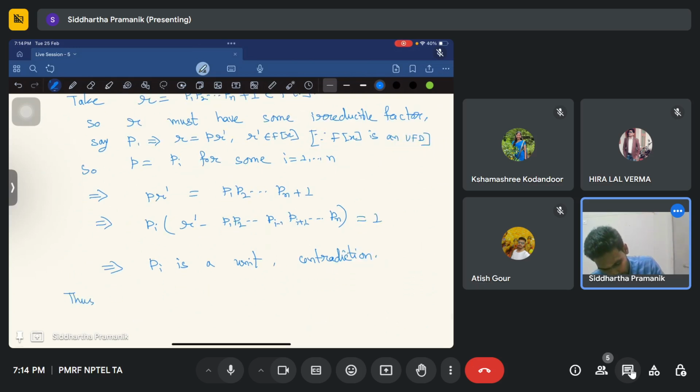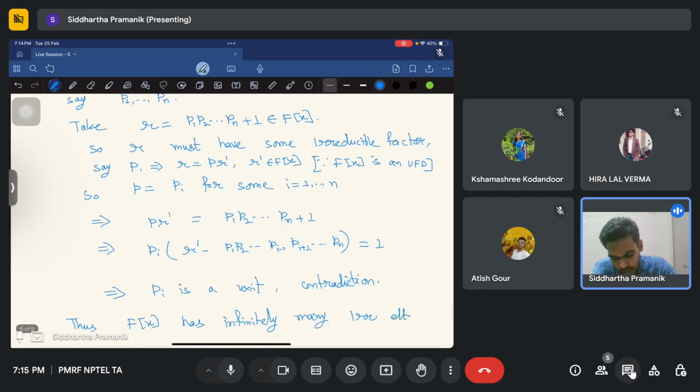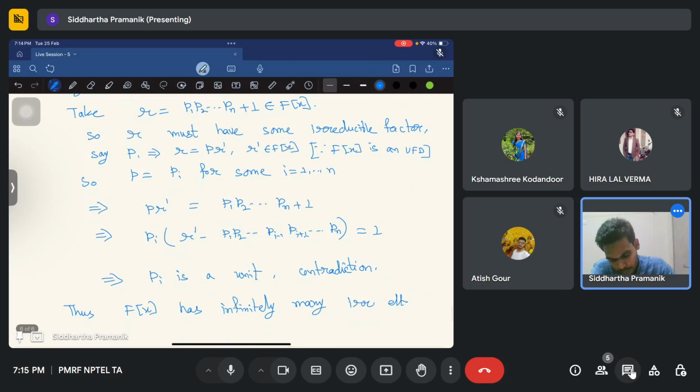Thus, F[x] has infinitely many irreducible elements. And in a UFD, an irreducible element is always a prime element. So in a UFD, there are infinitely many prime elements.